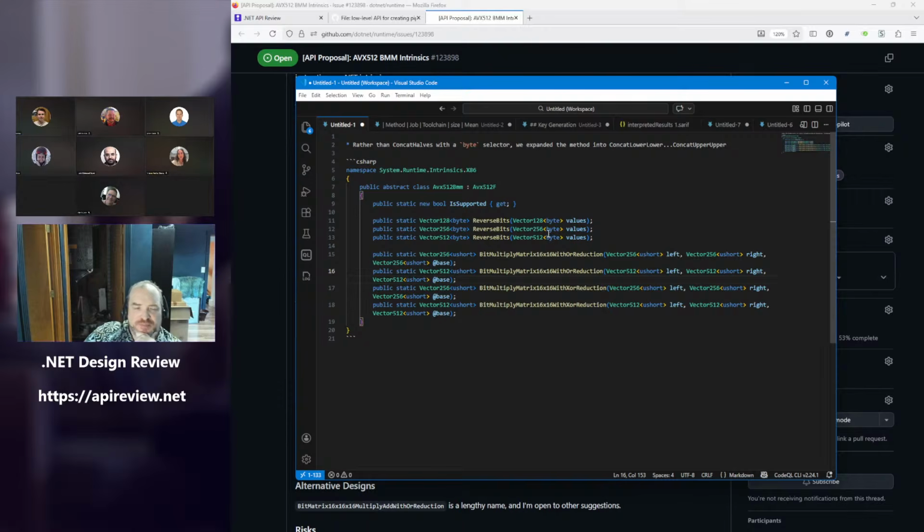Unless we have precedent elsewhere, reverse bits of X seemed like values was a better name. Yep. So yes, if we want to call it base, it would be at base. Other suggestions have been seed or starting. You said addend.